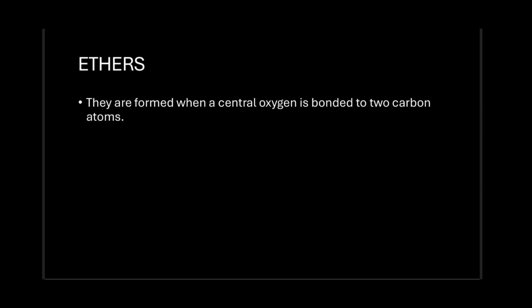We have ethers. They are formed when a central oxygen atom is bonded to two carbon atoms. So we can have the central oxygen atom with two lone pairs being bonded to two carbon atoms. So this gives us an ether. So we can have another form of ether.